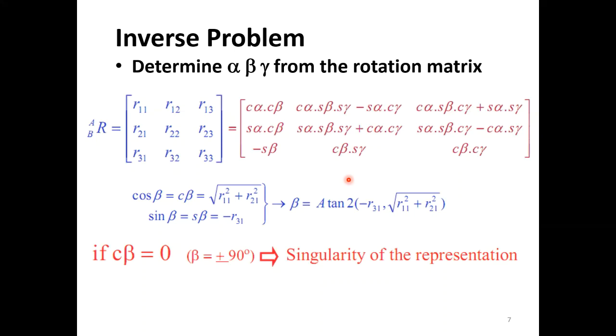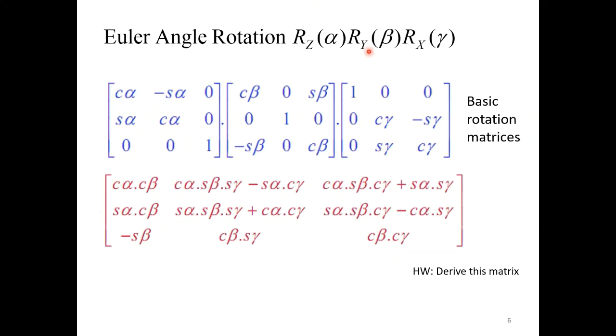So what is beta? Beta is the rotation angle around the y-axis. If you are a pilot flying an airplane, your y-axis is your arms stretched horizontally, the wings.